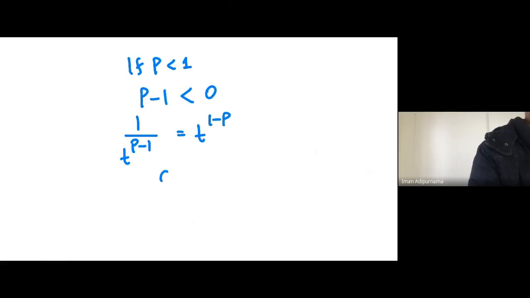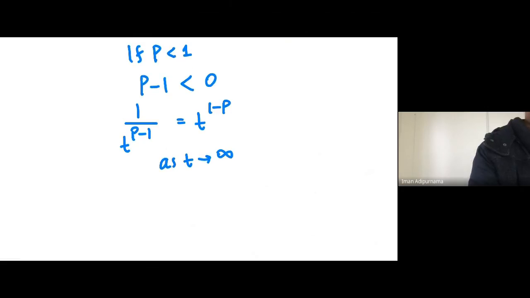And as t reaches infinity, t to the 1 minus p also reaches infinity. So we can say that this diverges.